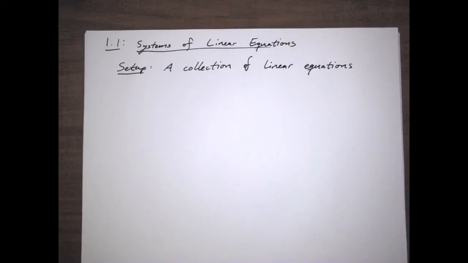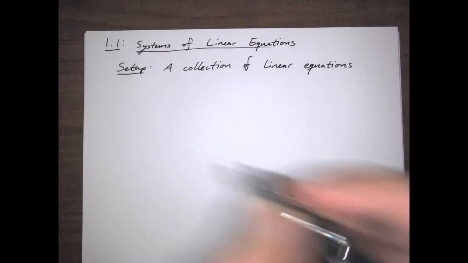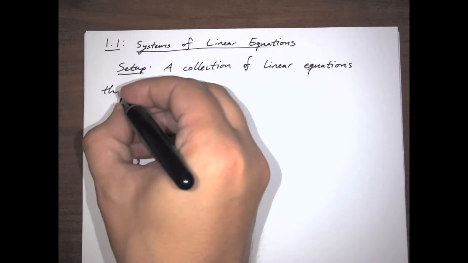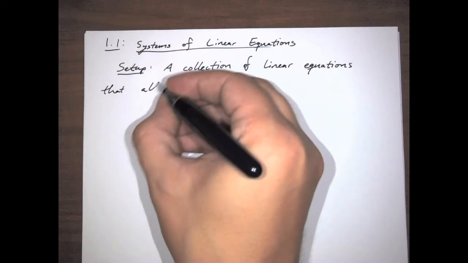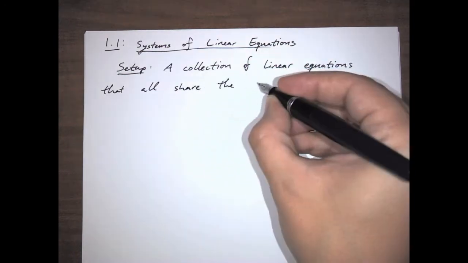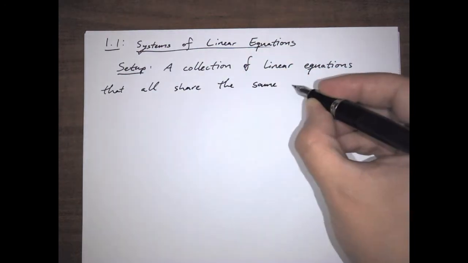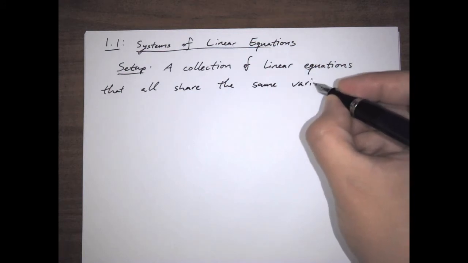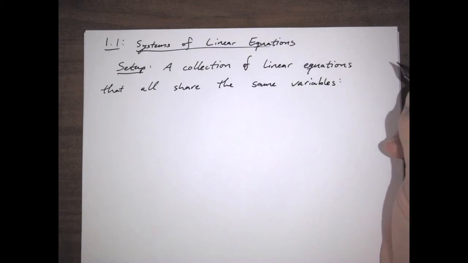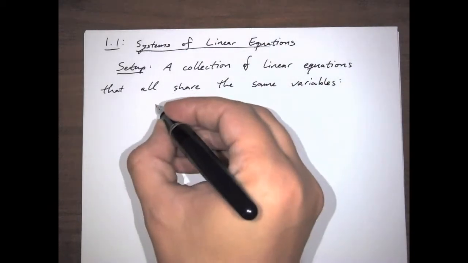No combinations where you have one variable times another, no variables in denominators, no variables raised to any exponents, anything like that. So a collection of linear equations that all share the same variables. And in particular, we'll call those variables x1, x2, x3 up to xn.